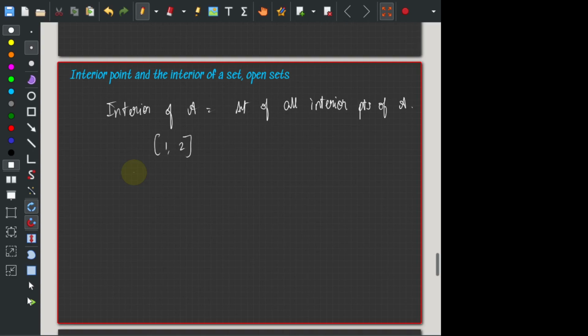Does everyone agree? So the interior of 1, 2 is the open interval from 1 to 2. Right? What about the open interval 1, 2? It's equal to the same set.